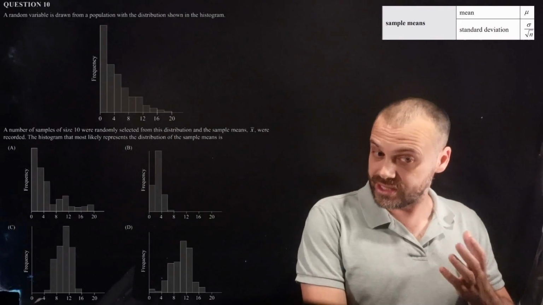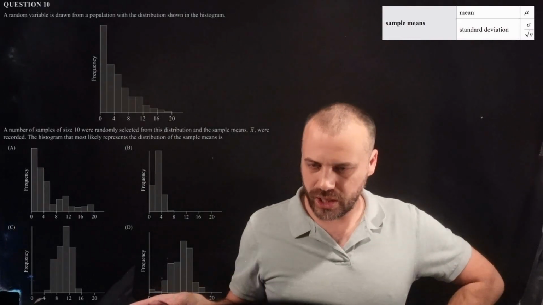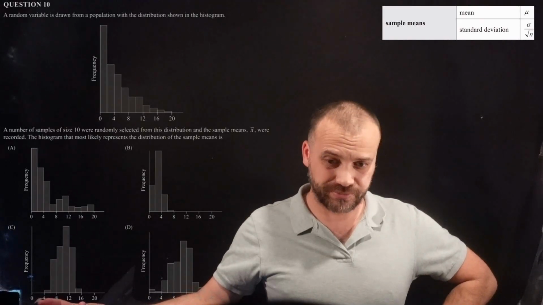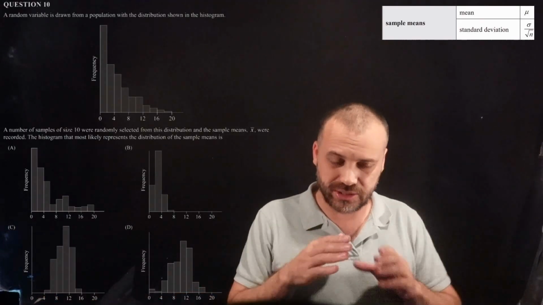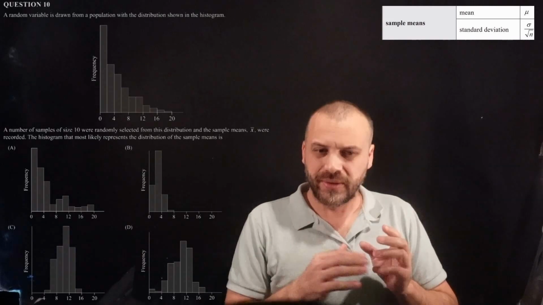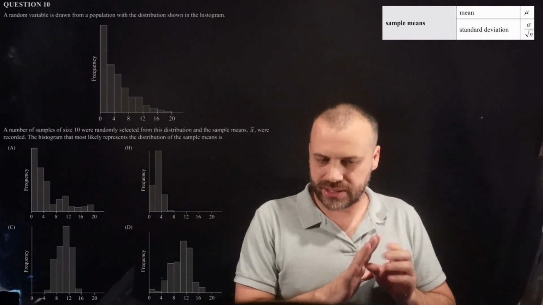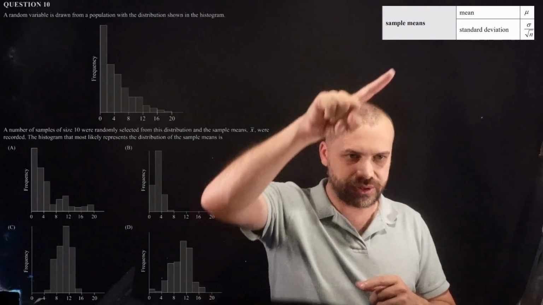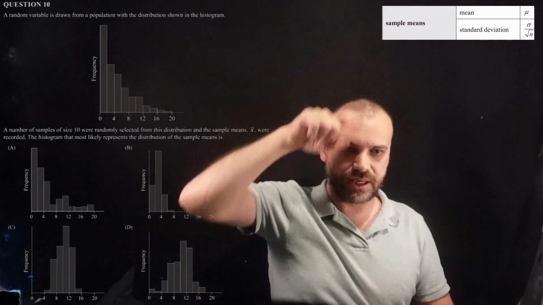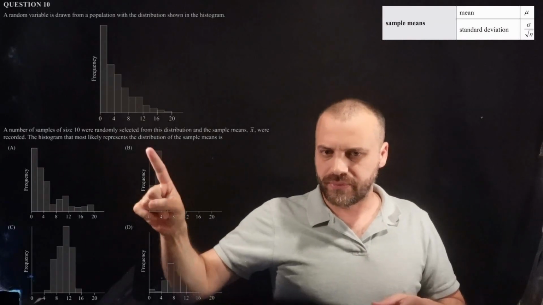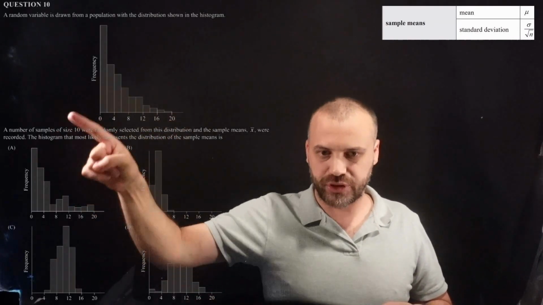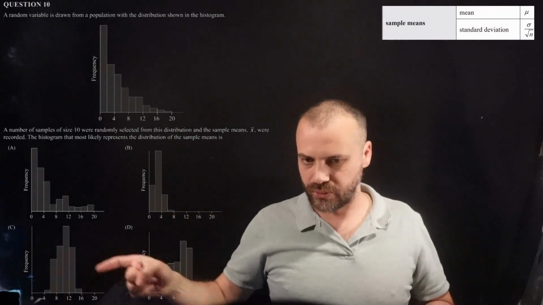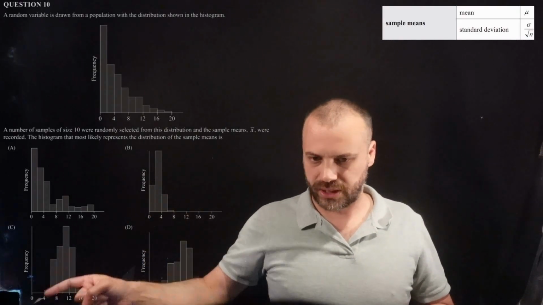So which one of these am I going to choose? It feels like I might be able to disregard C because the spread feels too large. It's like from 4 to 16, so it's about 12. But I'm not happy with that as a reason. I'm going to use another reason, and that is the sample mean. The mean of this is supposed to be equal to the average of the population.